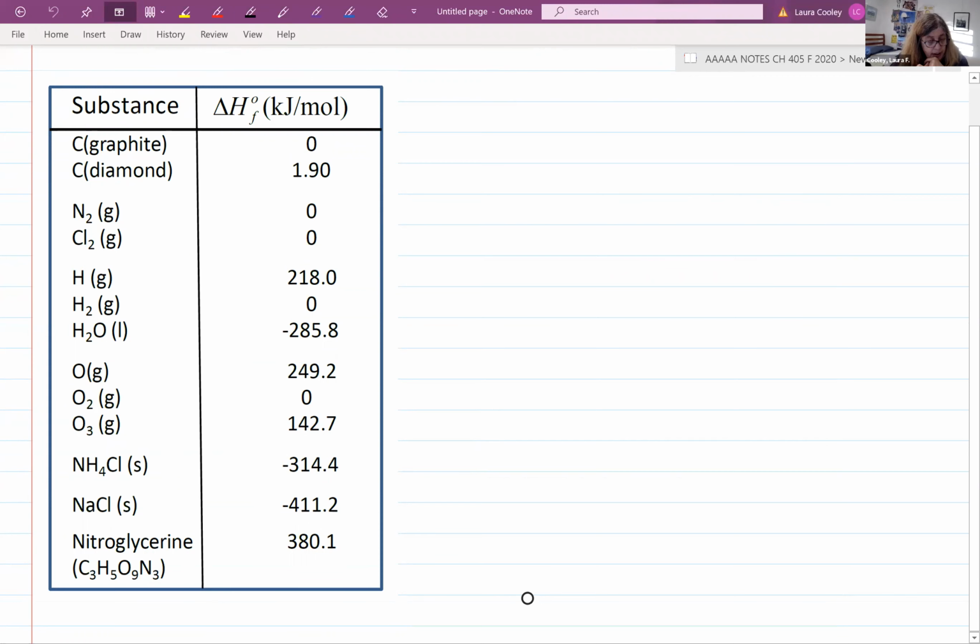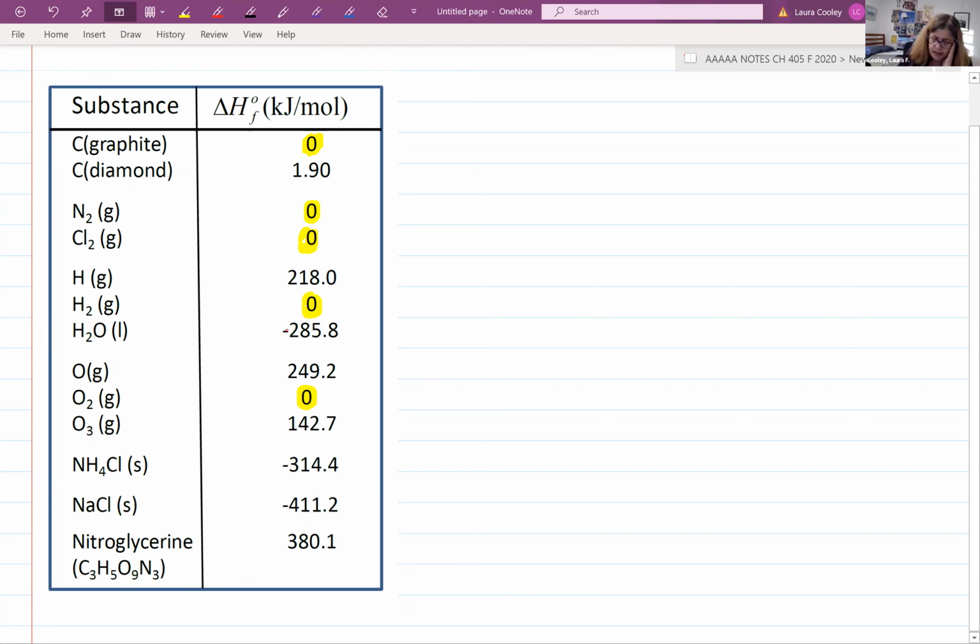You can notice that you have a lot of zeros on this table. These are delta H_f^0 values, and if you look at all those zeros, you see that these are the stable form of the element. So the delta H_f^0 of carbon graphite is 0. Same thing for nitrogen gas, Cl2 gas, H2 gas.